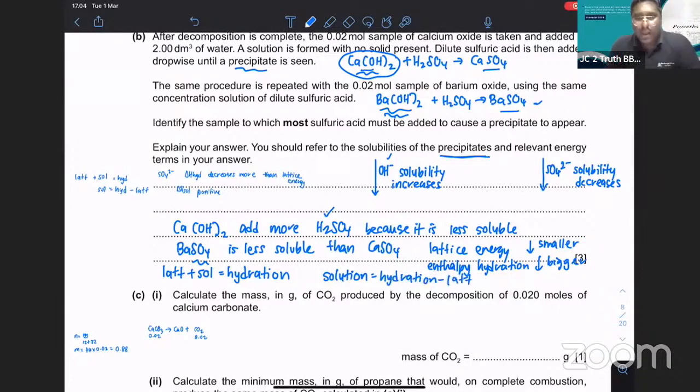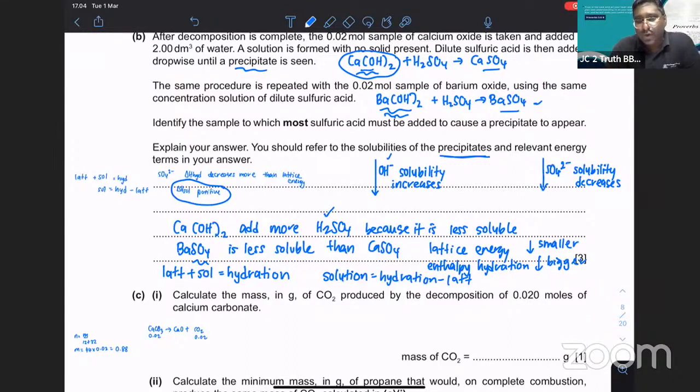And we know that hydration is decreasing more. If hydration is decreasing more, what can you say? You can say that your enthalpy of solution is going to become more positive or endothermic.